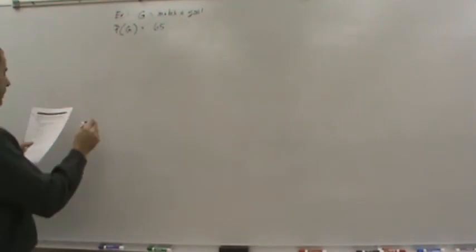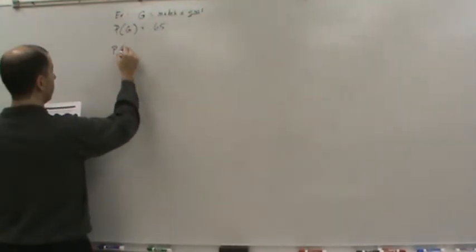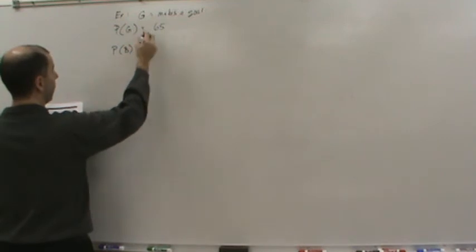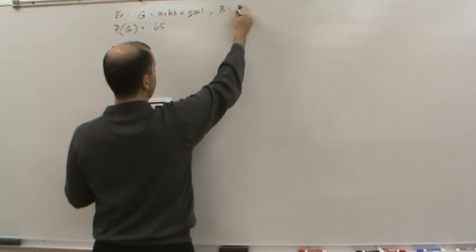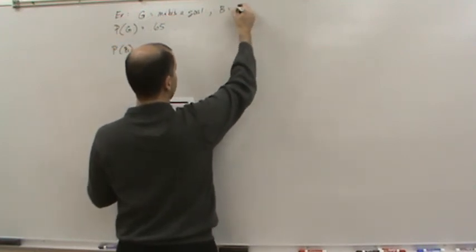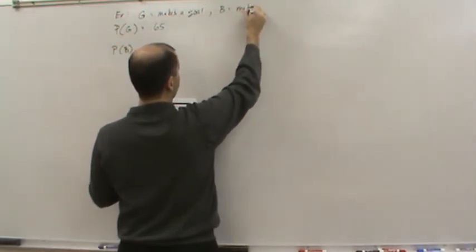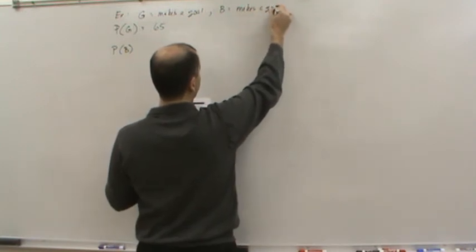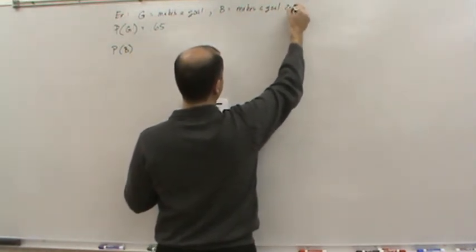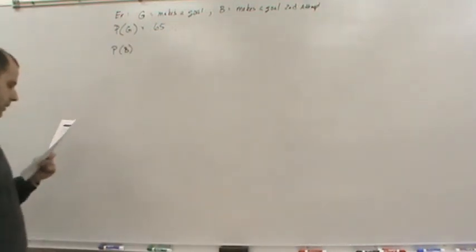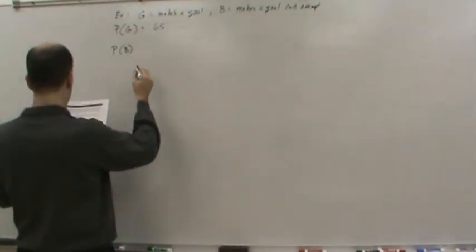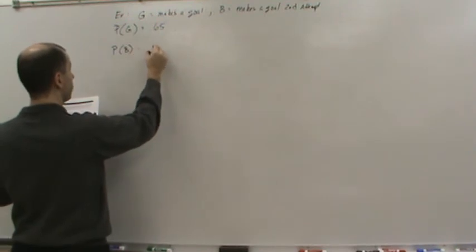So the probability of B, where G is he makes the goal and B is he makes a goal on his second attempt, is equal to 0.65.